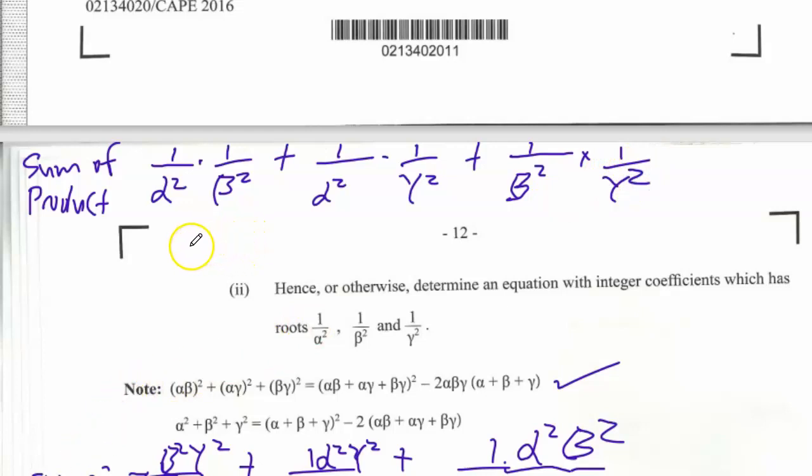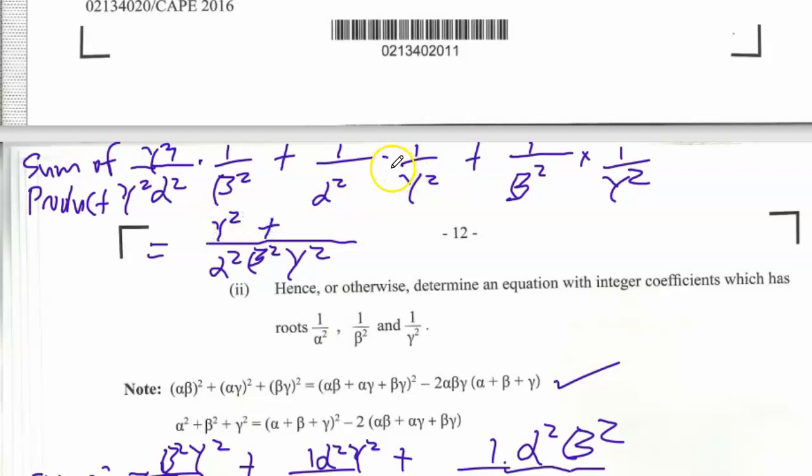And again, we can try to bring everything under one common denominator. We can make this common denominator be alpha square, beta square, gamma square. Now, we need a gamma square below here. So we have to multiply the top also by a gamma square. So this will be gamma square at the top.